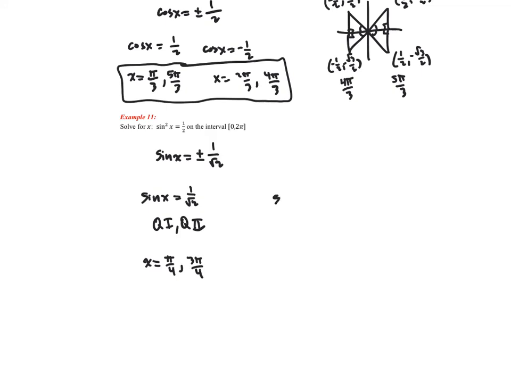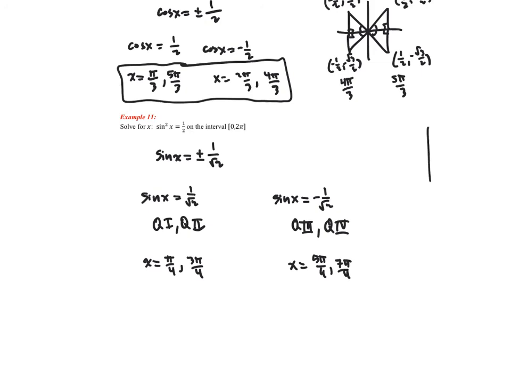Whereas sine of x is negative in quadrants 3 and 4. Therefore, x is equal to 5 pi over 4 and 7 pi over 4.